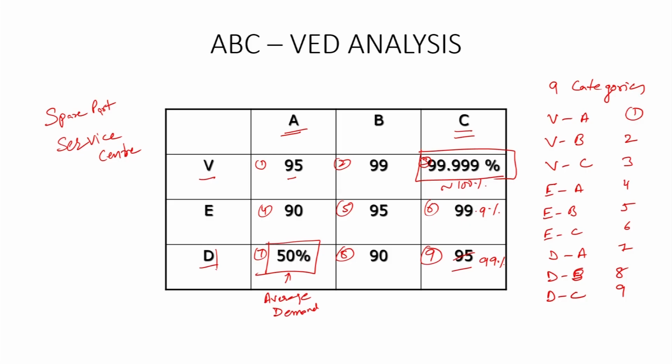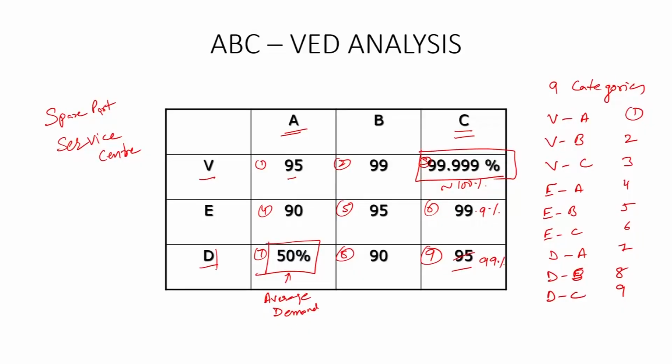So, you classify the spare parts also as vital spares, essential spares and desirable spares, and then you also take the unit value of those items and decide how much service level I should give, and based on the service level your safety stock is going to be decided. As we have seen, in the safety stock calculation the value of Z depends upon the service level requirement.